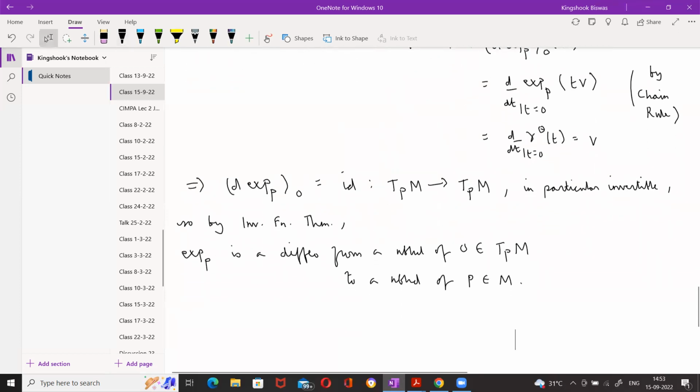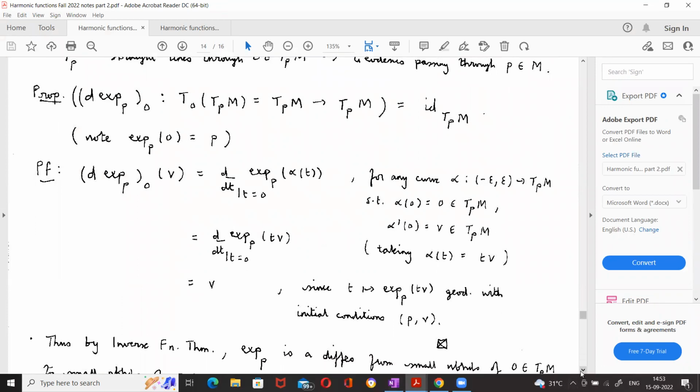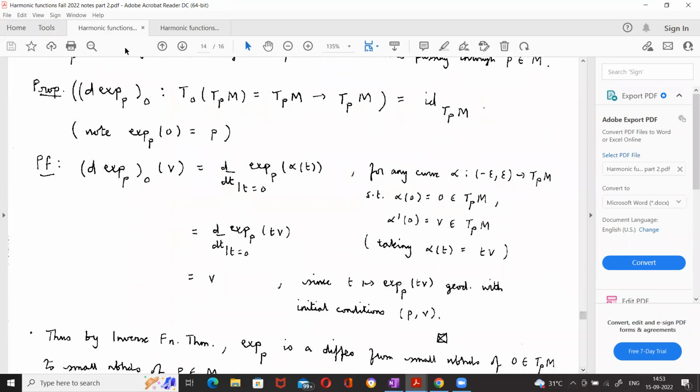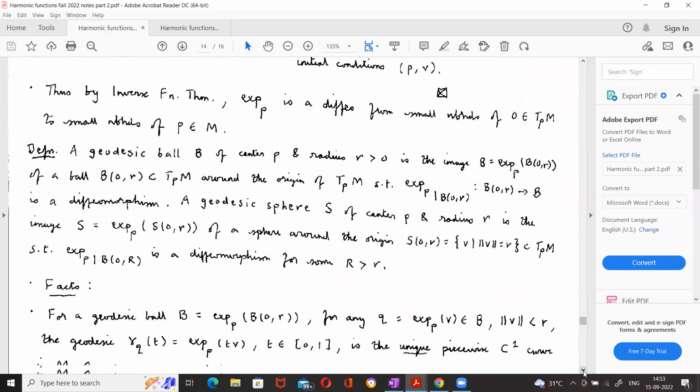Okay. So now let's look at what's in the notes. Here we have that the derivative of the exponential map is the identity map of T_P M. So X_P is a diffeomorphism from small neighborhoods of 0 to small neighborhoods of P. So now we make a definition.